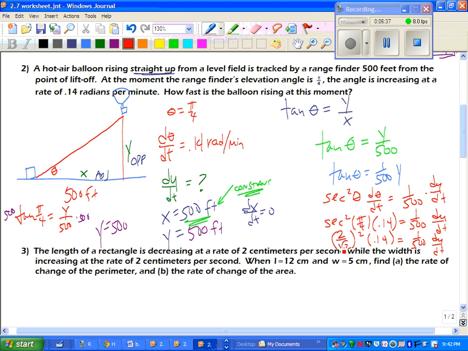We've done this before, some problems a while back. Square this, we're going to get 4 over 2. So really this is just 2 times 0.14. Well, that's going to be 0.28. And we have to multiply that by 500. So 500 times 0.28, we get 140 feet per minute for dy dt. Right, 140 feet per minute.